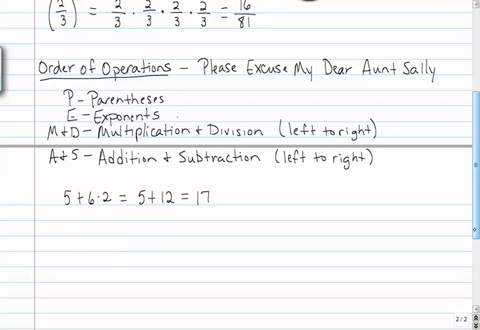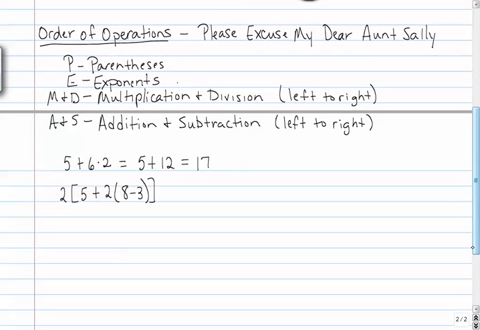Now let's look at this one next. Let's do 2, and then in brackets, 5 plus 2, and then in parentheses, 8 minus 3, and then close your bracket. So in this one, we have some grouping symbols.